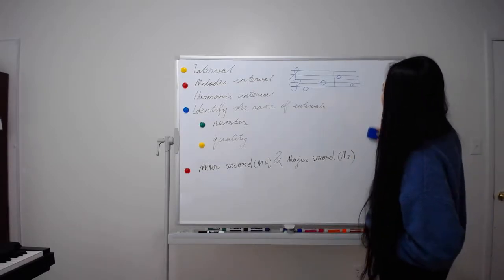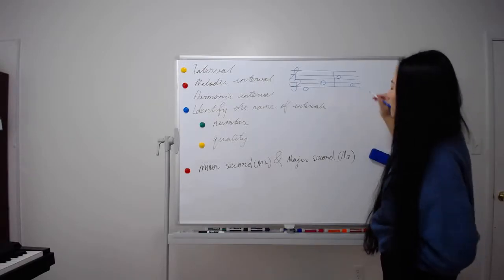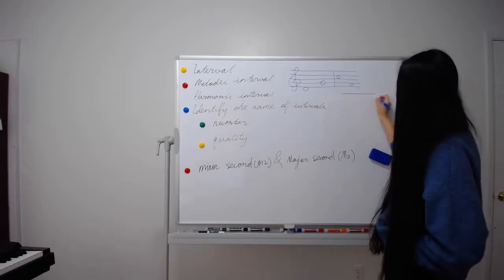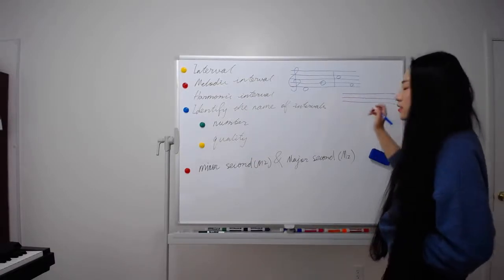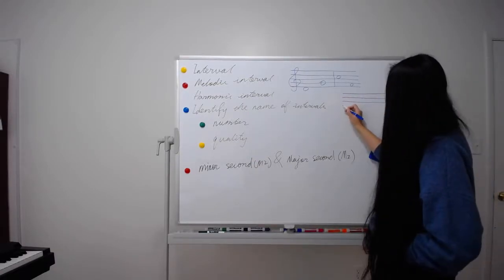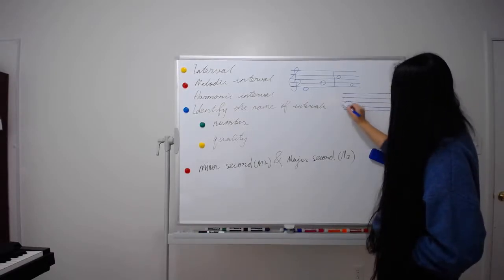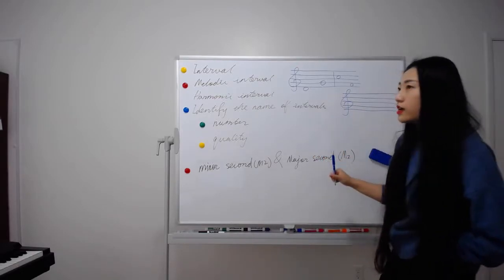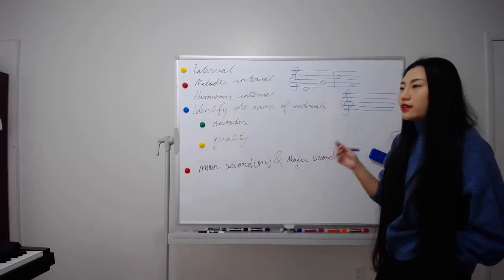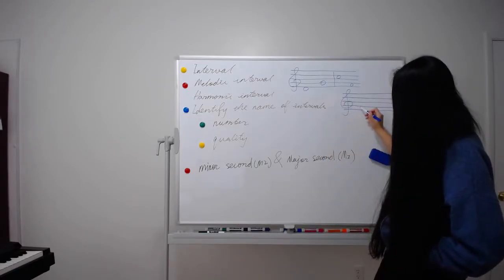So when we write the harmonic interval, because the two notes are played at the same time, right? So we write the harmonic interval next to a line, vertically, like this.